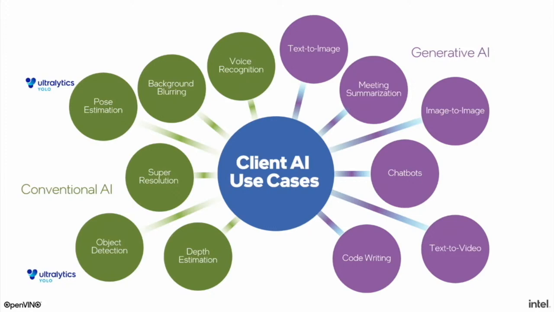And we also have a new type of AI use cases, generative AI. But everybody knows about that already. Generative AI includes use cases like chatbots, text-to-image generation, even code writing and programming on the PC, text-to-video, and so on. So there is this diversity of use cases, and as emphasized earlier by the colleagues from Ultralytics, such models, traditional AI and generative AI, are quite different, and their size is very different.